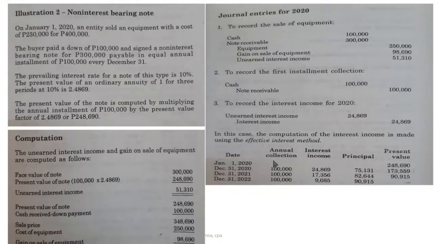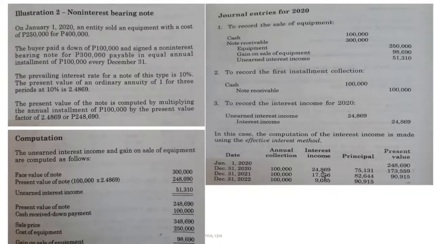It's 300,000, which is divided into 3 years, which is 100,000 per year. So, within the 300,000 or within the 100,000 each year, there is interest and there is principal. And the interest portion is this 24,869 for year 1, 17,356 in year 2, and 9,085 in year 3.